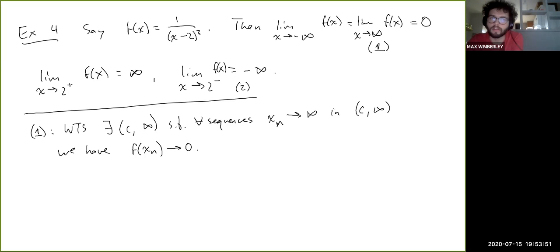The only problem is we can't really let c be less than 2, because 2 is a pole, so f literally wouldn't be defined on the entire interval if c was less than 2.